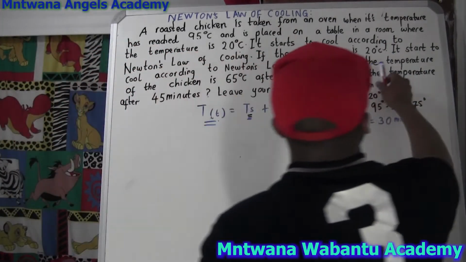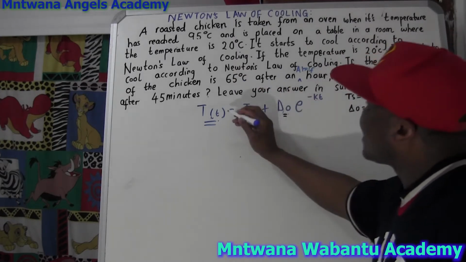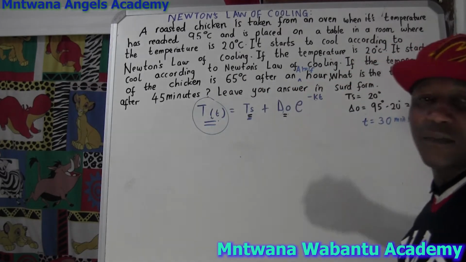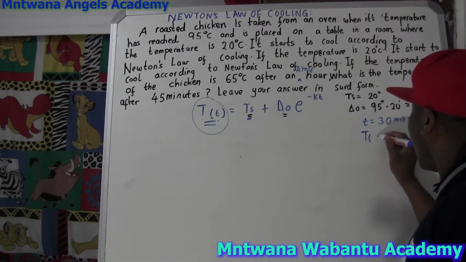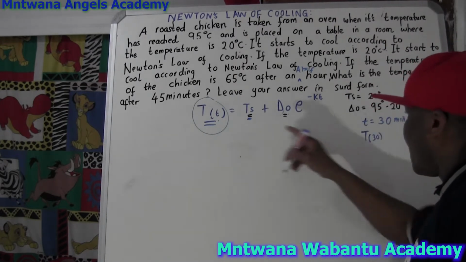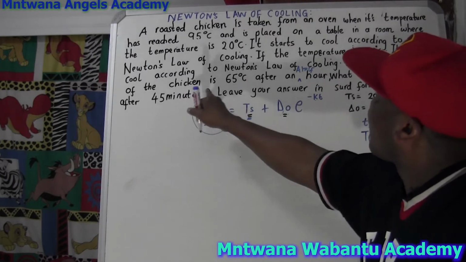Now they give us the final function. If the temperature of the chicken is 65 after a certain time t, when t equals 30, the temperature is 65.